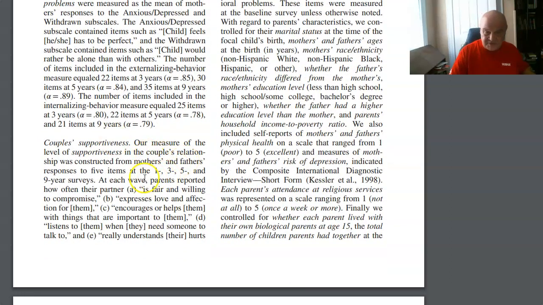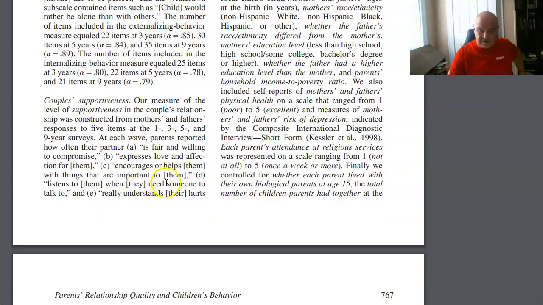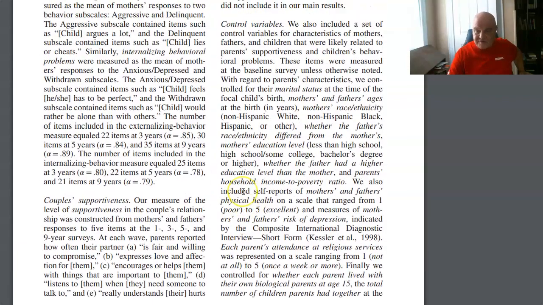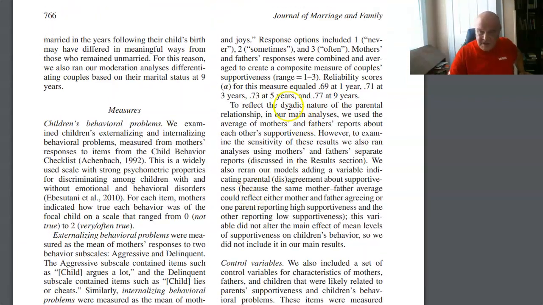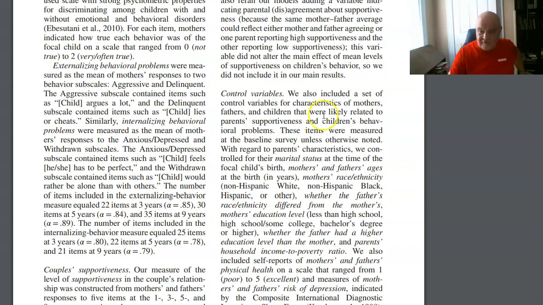Okay? Couple's supportiveness was constructed from mother and father's responses to five items. Parents reported how often their partners are fair, express love and affection, encourage or help them, and so forth. Okay. Then you have another category down here that has to do with control variables.